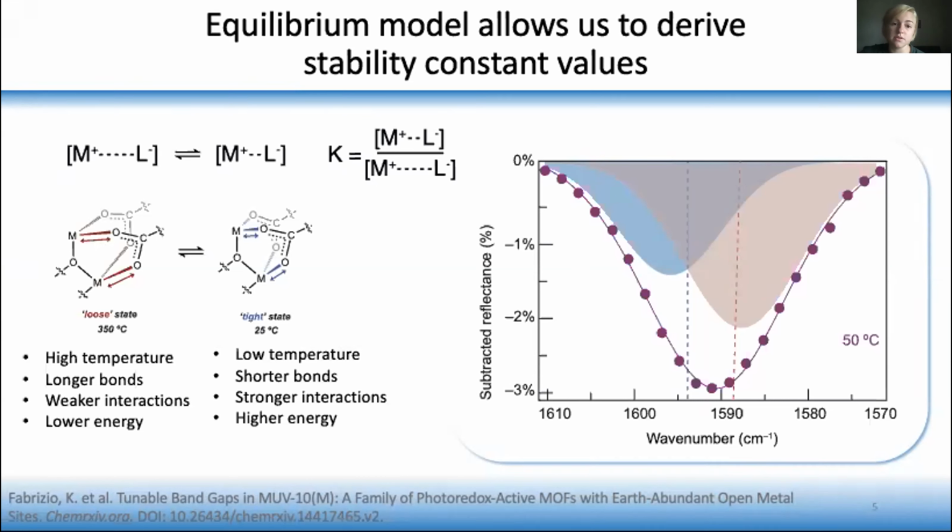For example, on this plot at 50 degrees Celsius, the red shaded area corresponds to the loose configuration population, and blue is the tight configuration. We can see that even close to room temperature, the material is still predominantly in the loose configuration. Conventionally, stability constants are reported as the log of the ratio of bound over unbound, and in our case, that would be tight over loose.